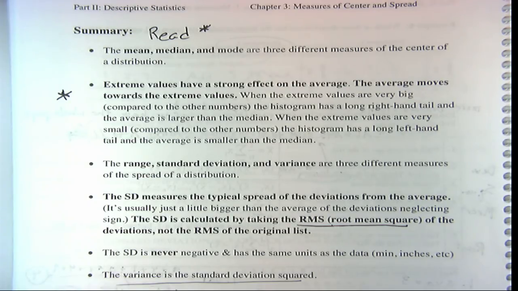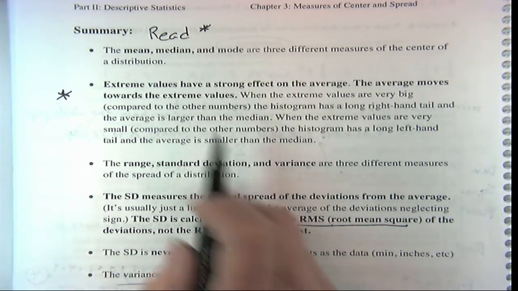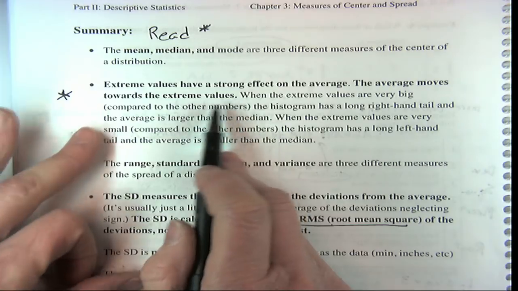Whereas most people interpreted that to mean, oh, I'm an average guy, my taxes are going to go down by that much. So you have to be very careful when you have very skewed data. The average is very sensitive to the extreme values.